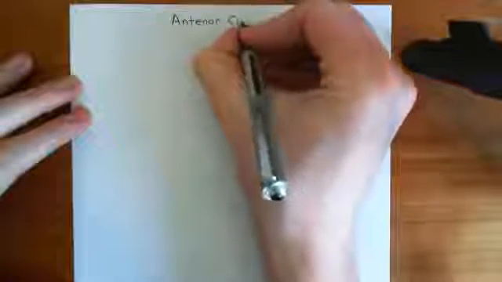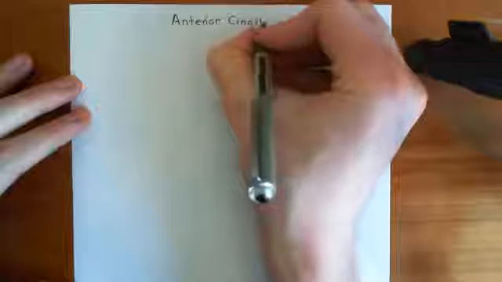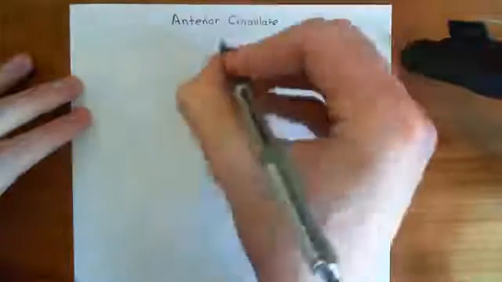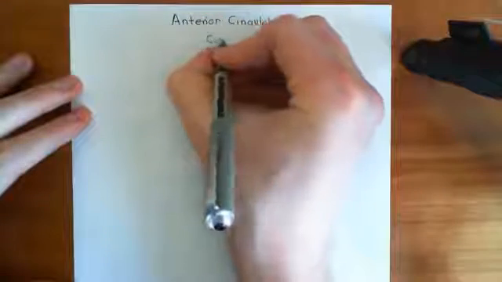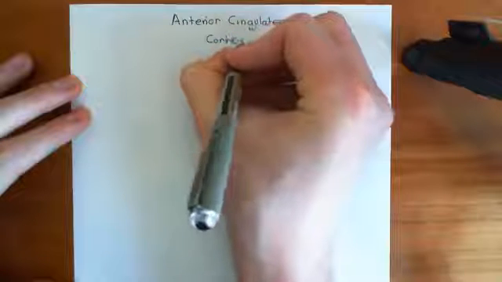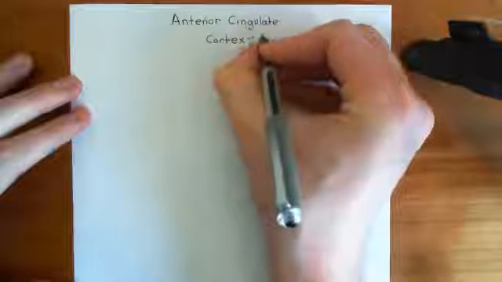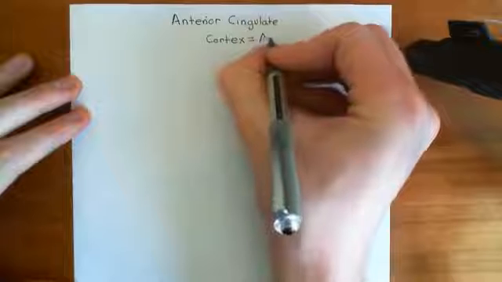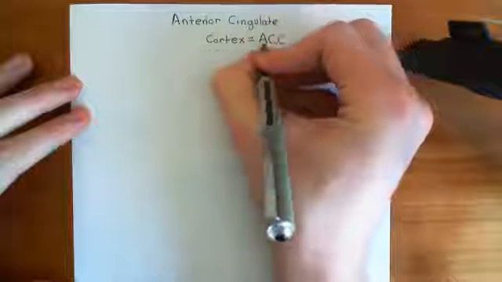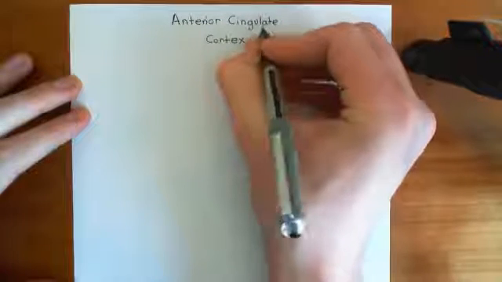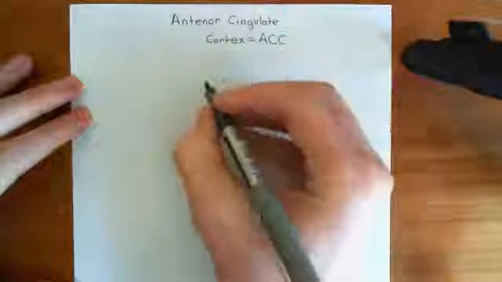Okay, so this seems to be the area that the pain neurons project to, which is responsible for the emotional response to pain. And the anterior cingulate cortex is often abbreviated to the ACC for short. A for anterior, C for cingulate, and then C for cortex.